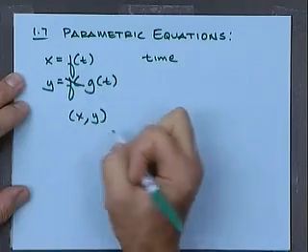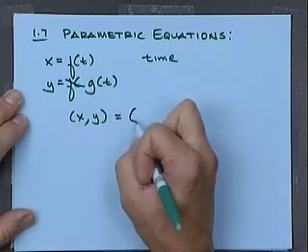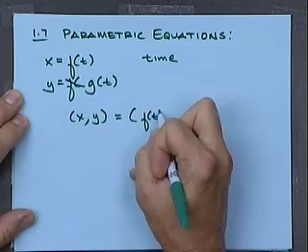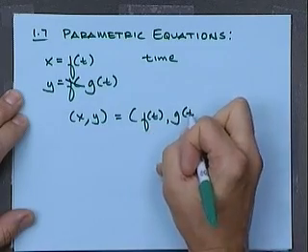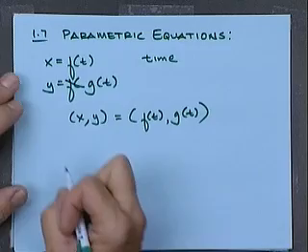So instead of just plugging in an x and generating a y, we're going to have some set of points, in this case positions, if t happens to be time.